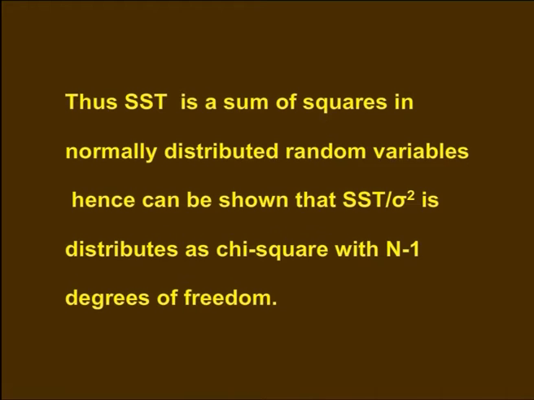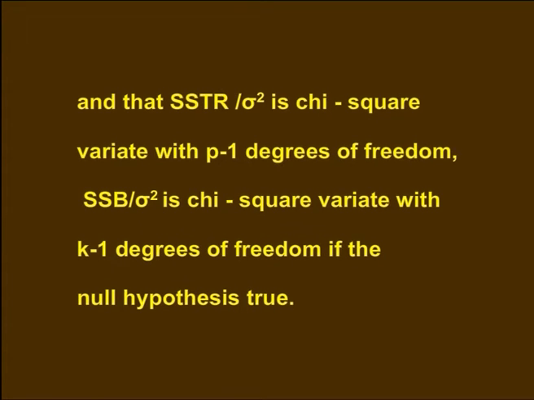Thus, the total sum of squares is a sum of squares in normally distributed random variables. Hence, it can be shown that SST by sigma square is distributed as chi square with n minus 1 degrees of freedom, and that treatment sum of squares by sigma square is a chi square variate with p minus 1 degrees of freedom.